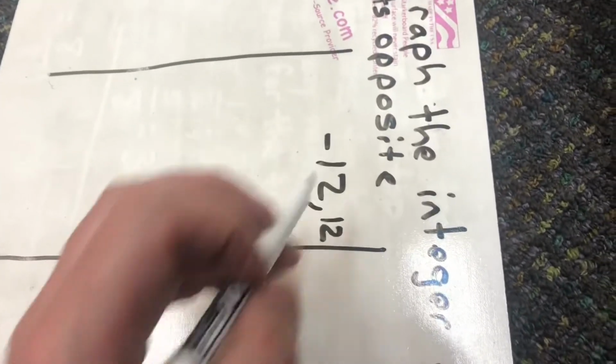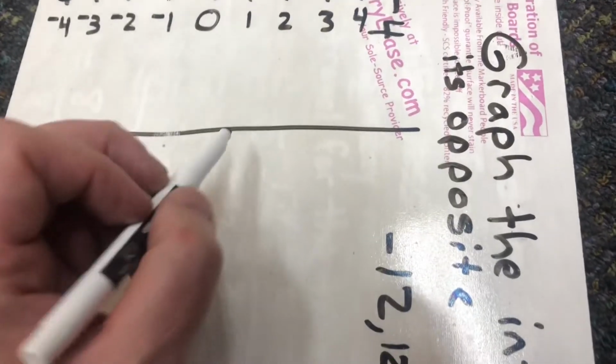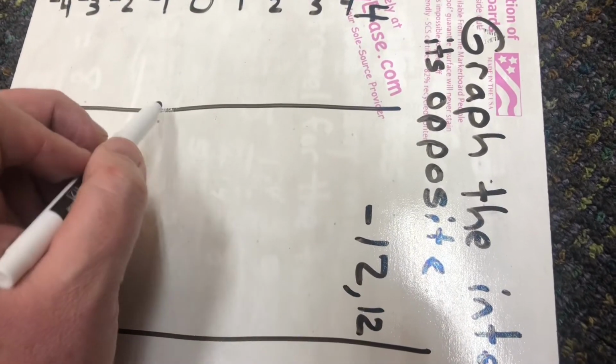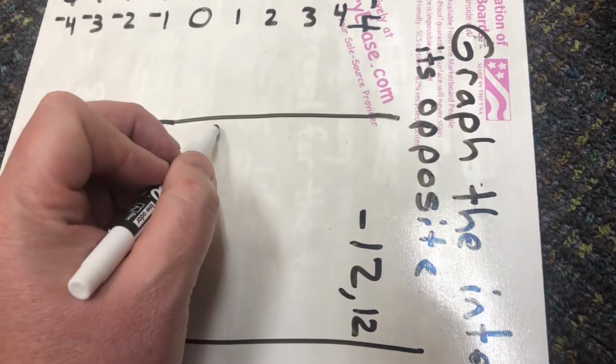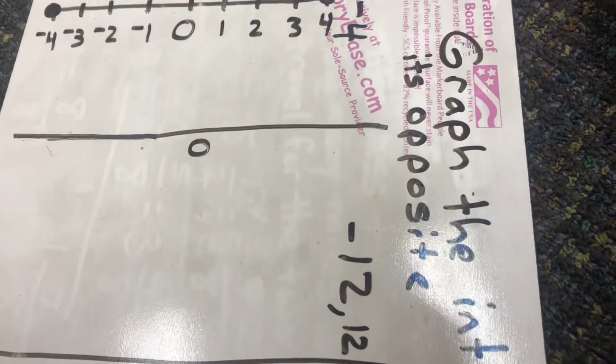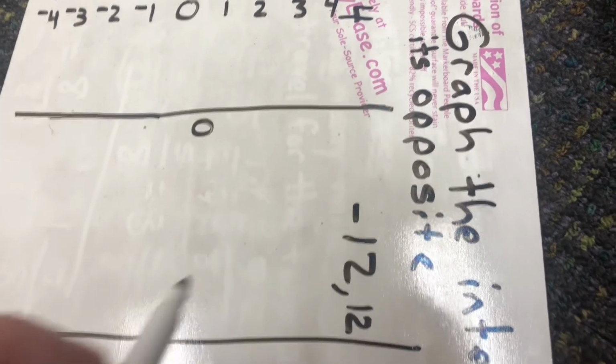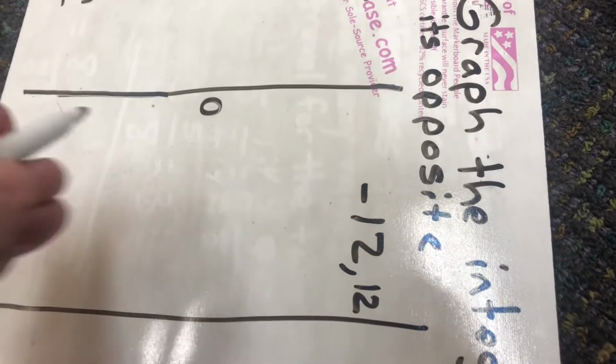The next one is -12 and 12. I'm going to start at 0 and just use this line right here. I'm going to put 0 in the middle. 12 and -12 are a little bit bigger numbers, so here's a situation where I might want to go with intervals of 2.